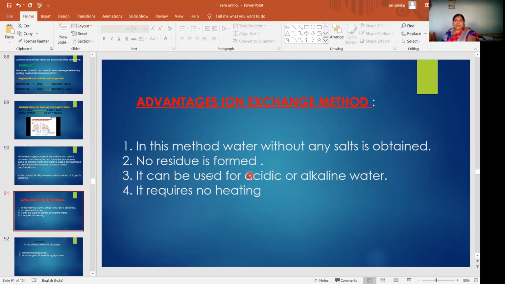Whereas in the zeolite process, we have to remove the acids and turbidity. Here we can use acidic or alkaline water, and it requires no heating. We just pass the water onto the resins and the reaction takes place. So these are the advantages of the ion exchange method.